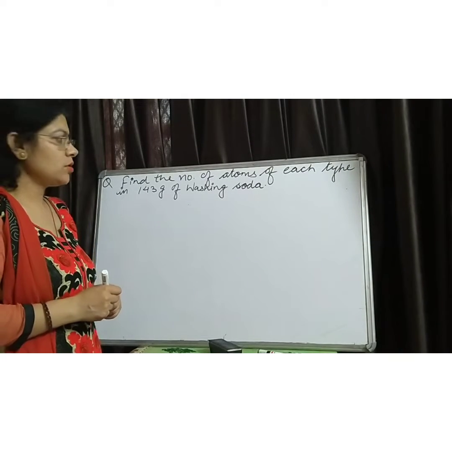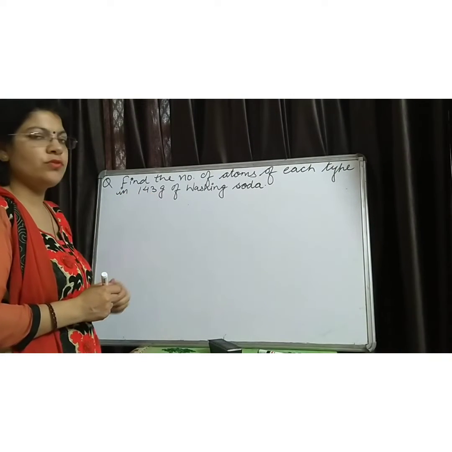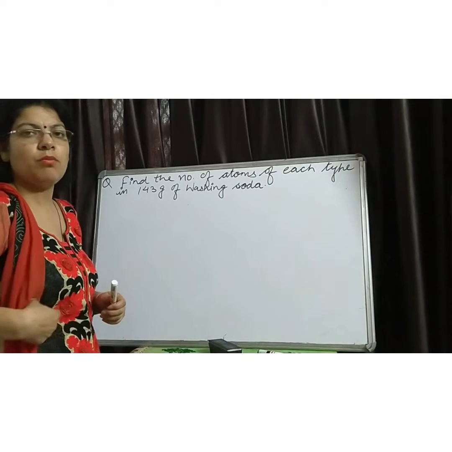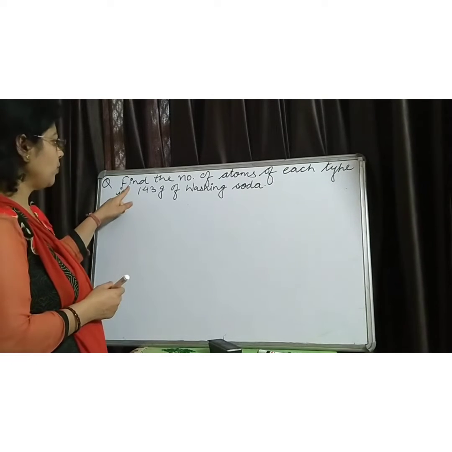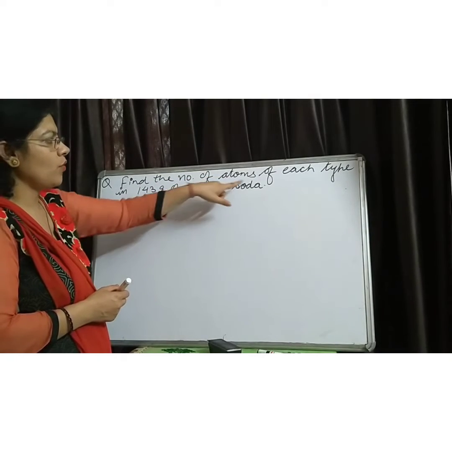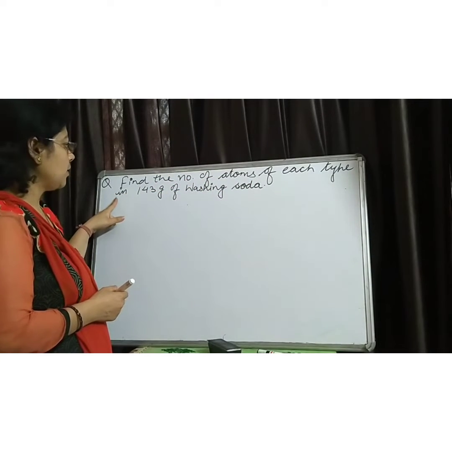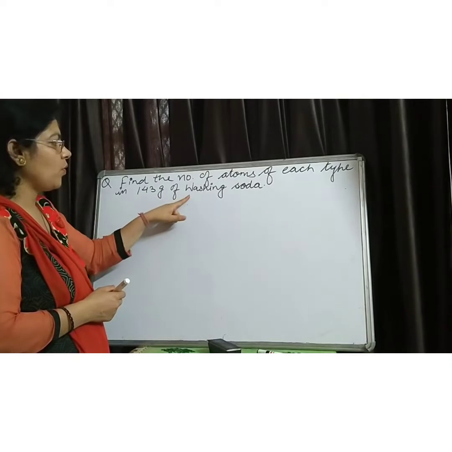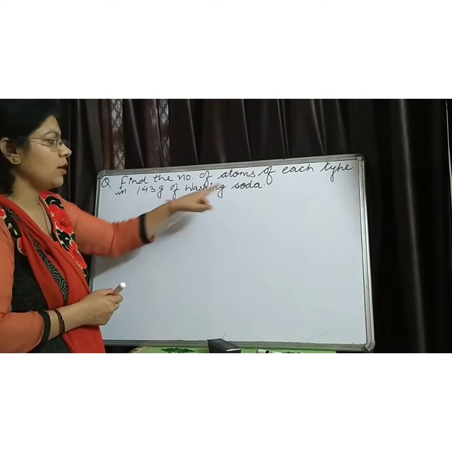Now in this we will discuss the next type of numerical related to the mole concept, and the numerical is: find the number of atoms of each type in 143 gram of washing soda.